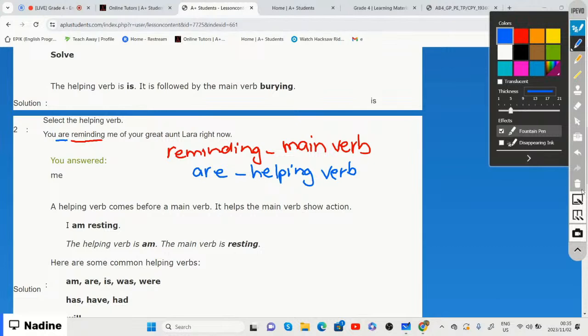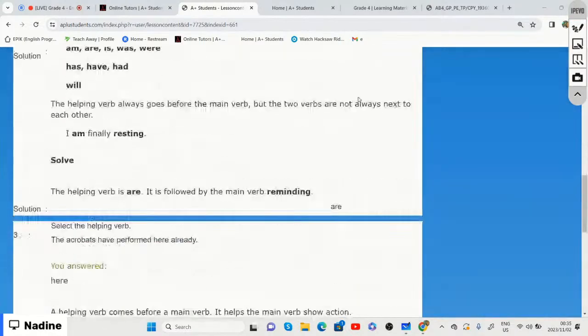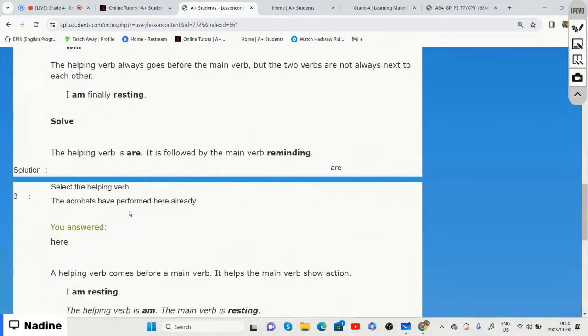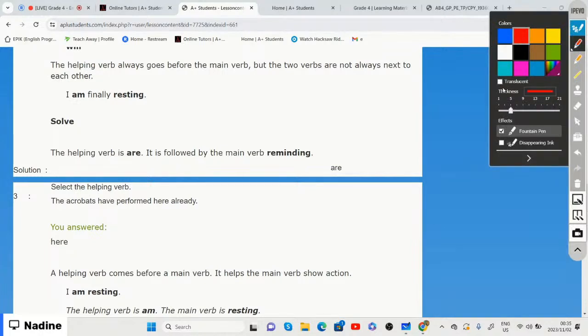Let's do another example. "The acrobats have performed here already." What is the main verb that shows the action that is taking place?